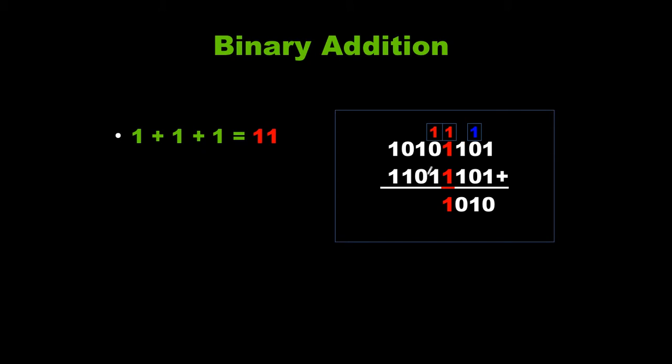And now I have 1, 1, 1. You have to be careful here. Here it is not going to make a difference, but in octal and hexadecimal you're going to see a big difference. 1 plus 1 plus 1: I have a 1 and an overflow of 1. Where does this 1 go? Is it going to be included in the calculation?